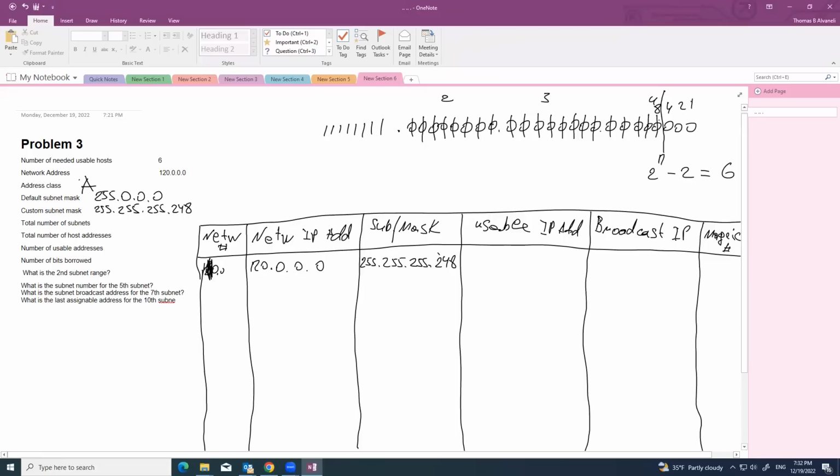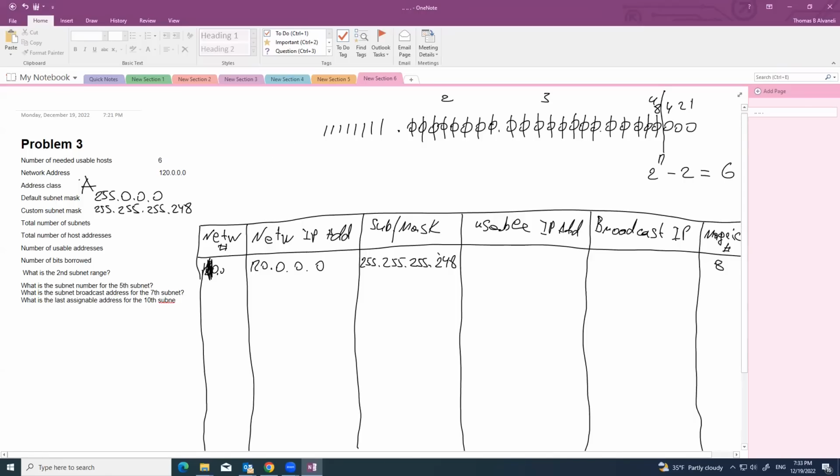Now, the broadcast address. Look here. The last binary one falls on the 8's column. So the last binary one indicates the magic number, and we know from previous sessions that the magic number is the length of our subnet.